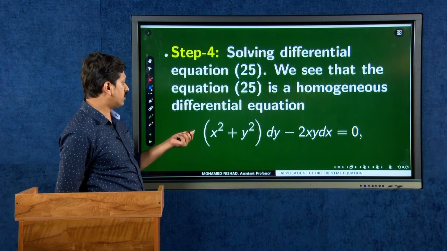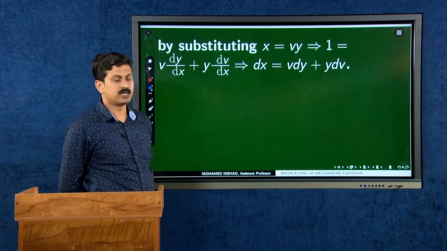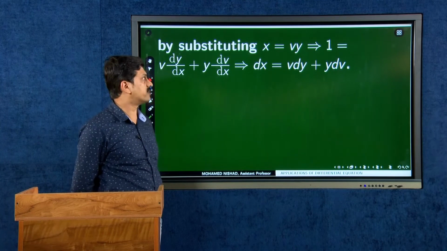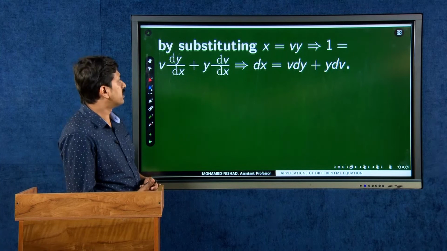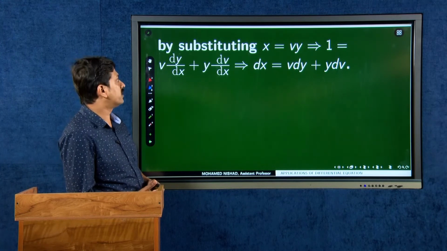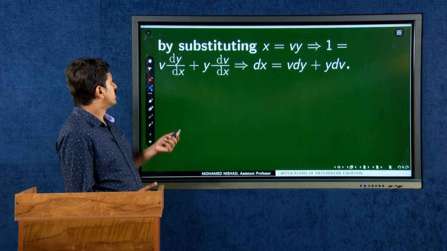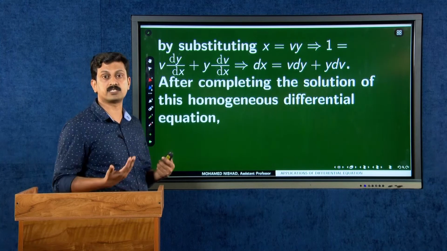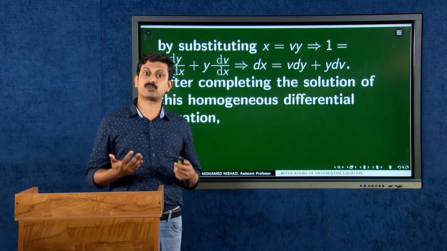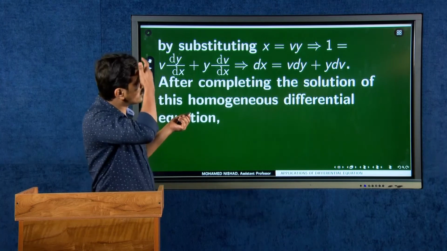Now you just substitute v equal to x by y, that is x is equal to v y. As we already discussed how to solve the first order homogeneous differential equation, like that you can solve this.